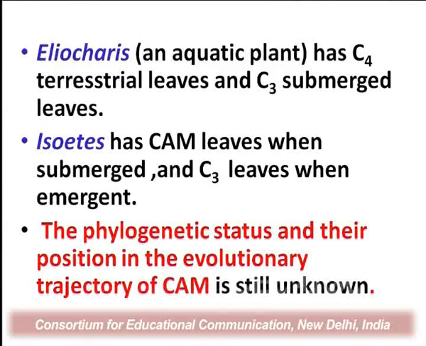Isoetes, which is a pteridophyte, has CAM leaves when submerged and C3 leaves when emergent. So this high degree of variation tells us that the phylogenetic status and the position in the evolutionary trajectory of CAM is still unknown, and lots of work needs to be done to come to a conclusion.